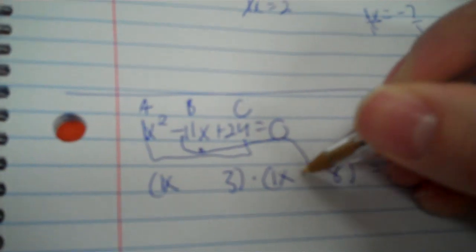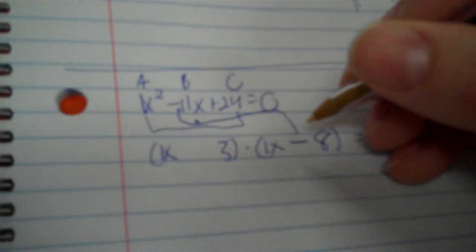Okay, 24 divided by 1 is 24. 1 plus 24 is not 11, though. 24 divided by 2 is 12. 2 plus 12 is not 11. Okay, what's 24 divided by 3? It's 8, okay? So 3 and 8. Now what's 3 plus 8? That's 11, okay? So I got 3 and 8. So the minus there goes to the bigger number. And then if I'm adding, the signs have to be the same.